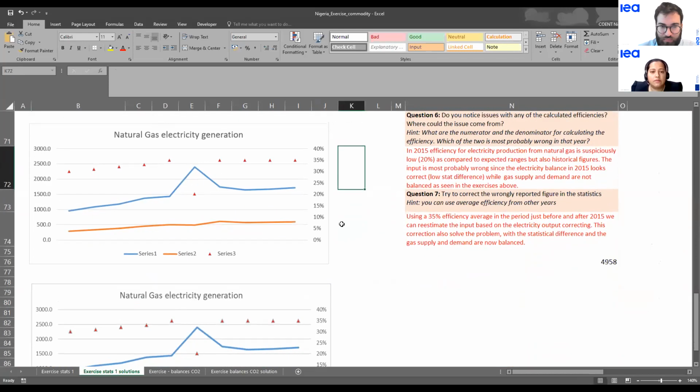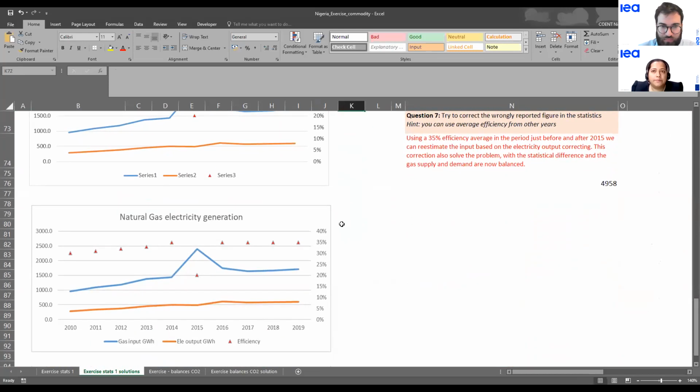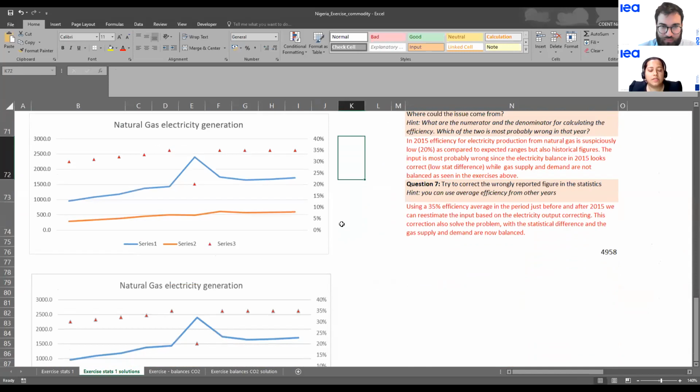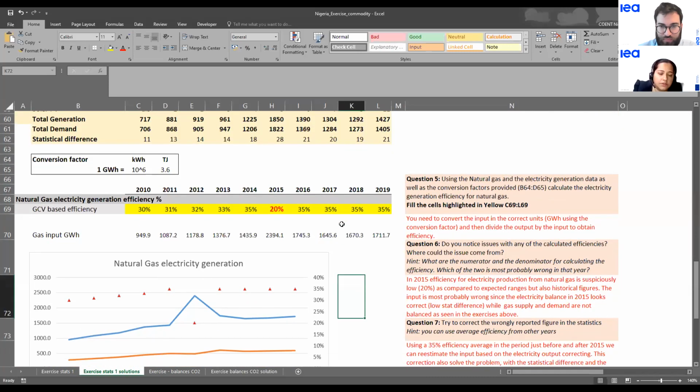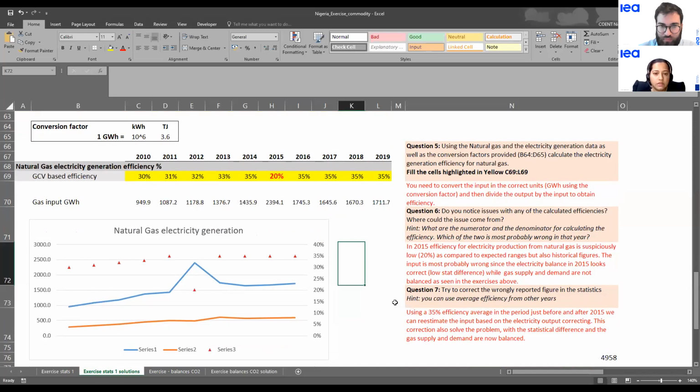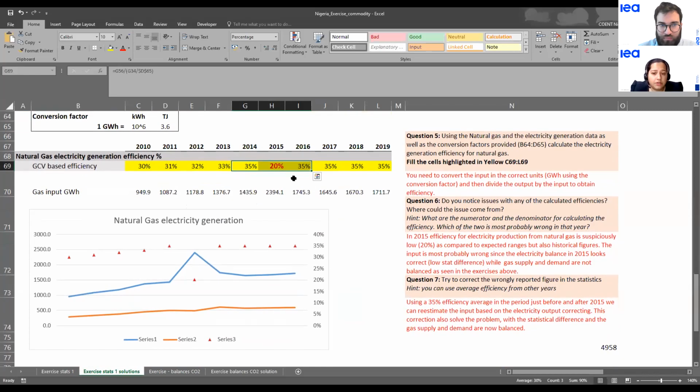So you make an average of 2014 and 2016, because 2014 it's 35%, 2016 it's 35%. So if we change the efficiency for 2015 to be 35% as well, which is the average of the period before and after, then we can back calculate that input which we said was wrong, right?